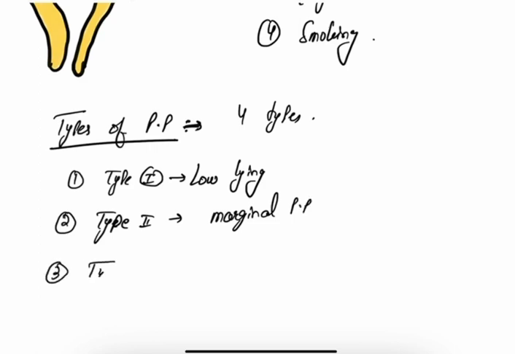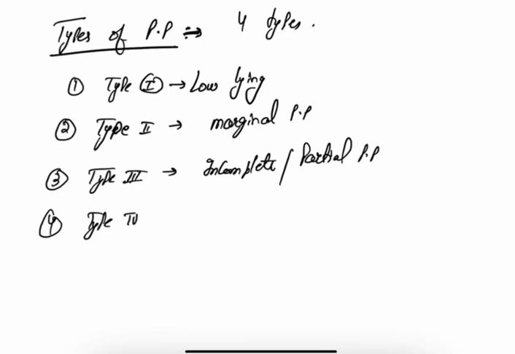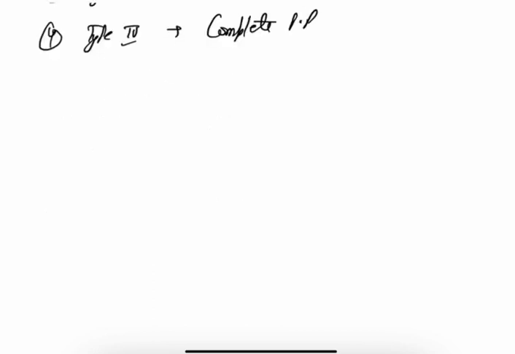Type 3, incomplete or partial placenta previa. And type 4, complete placenta previa. Now we will discuss the clinical features of placenta previa.